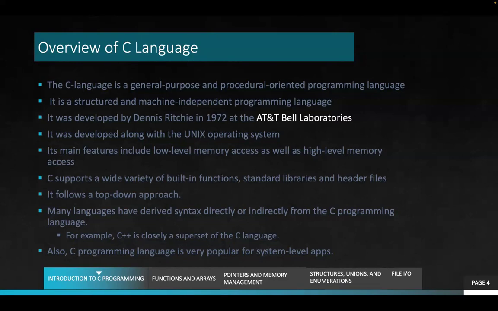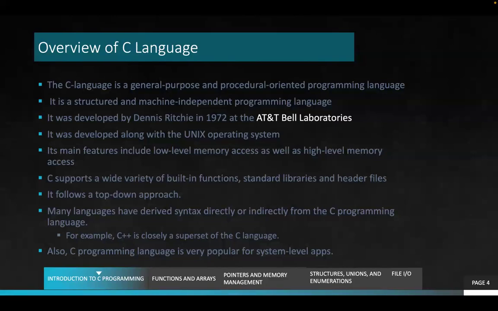From that B language, C language is developed. Algo language and B language had various flaws, which aren't present in the C programming language. That is the reason many programming languages have been derived from C. For example, C++ is also derived from C programming language, which is a superset of the C language.